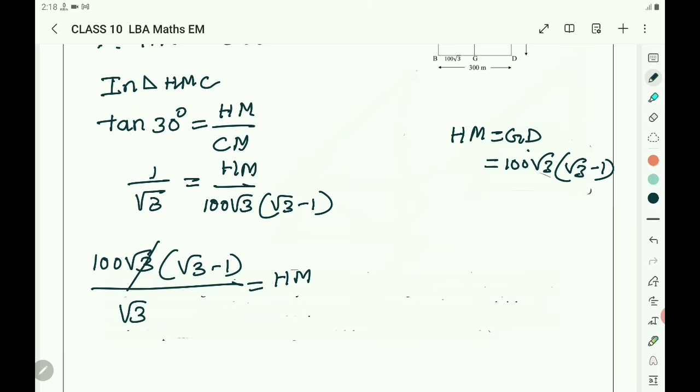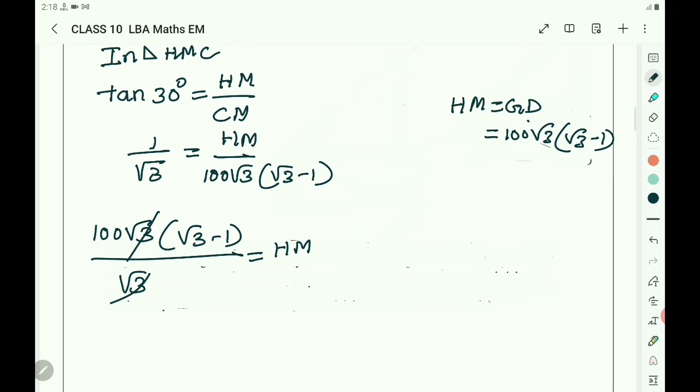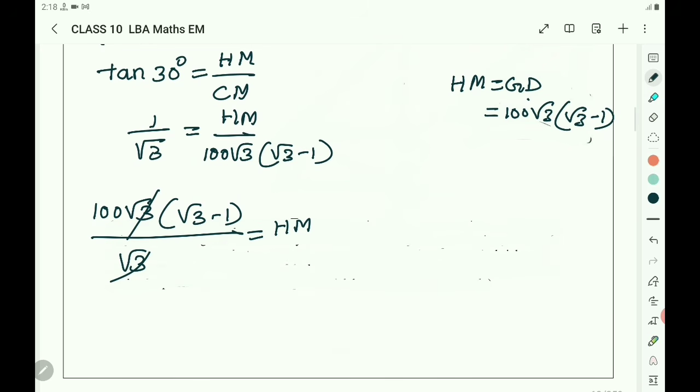You can cancel this root 3 and root 3. Then you got HM is equal to 100 into root 3 minus 1.